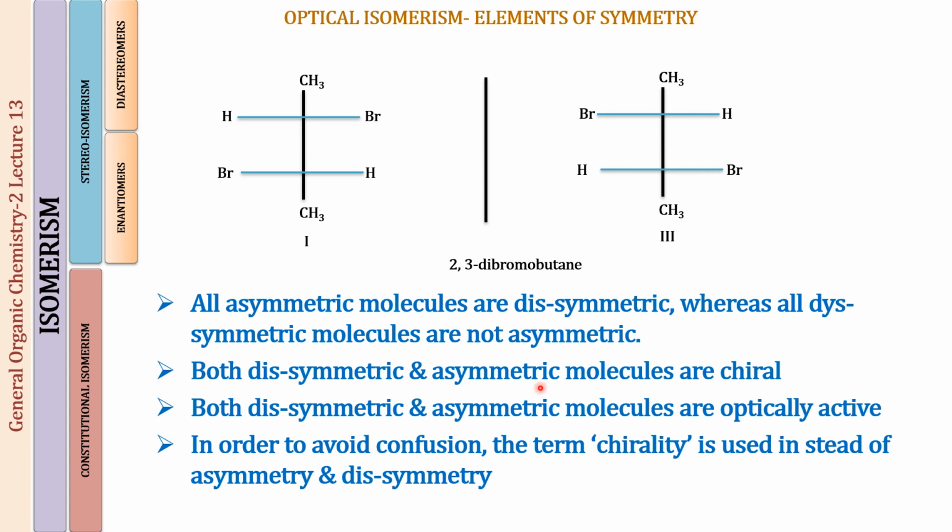Both dissymmetric and asymmetric molecules are going to be chiral molecules. Okay, both dissymmetric and asymmetric molecules are optically active molecules. In order to avoid confusion, the term chirality is used instead of asymmetry and dissymmetry. I hope now this whole discussion is clear.